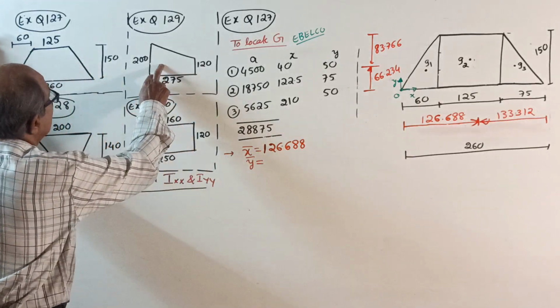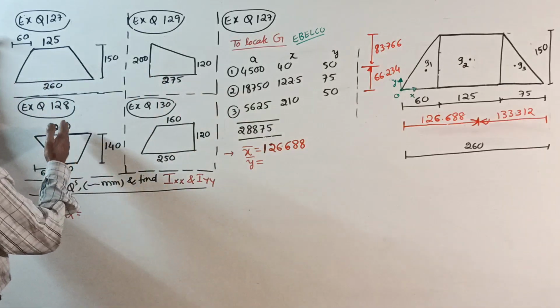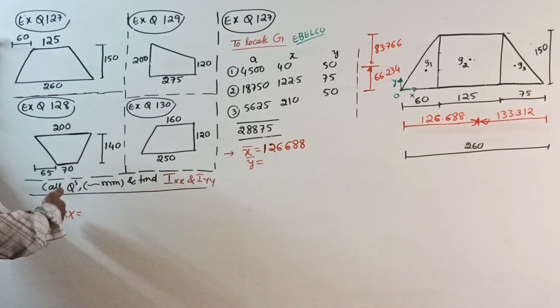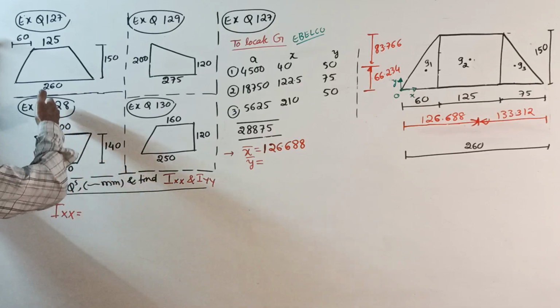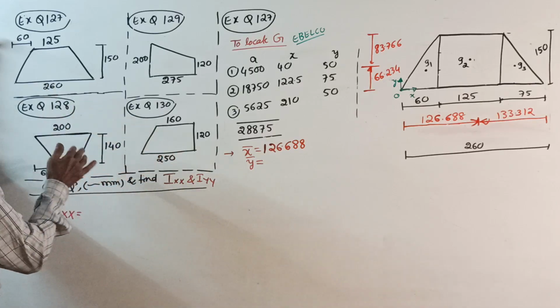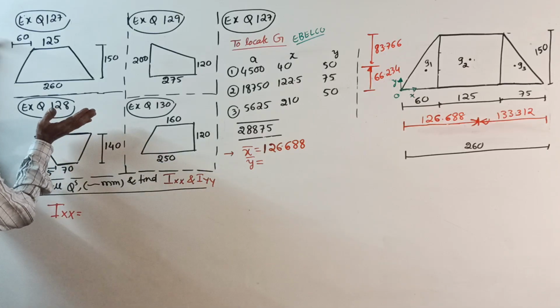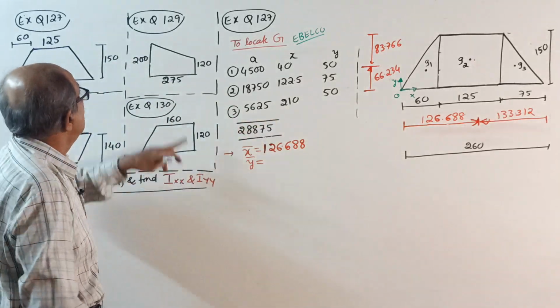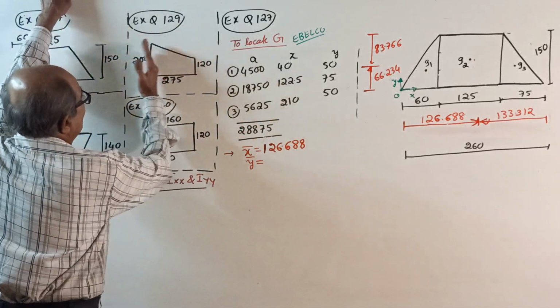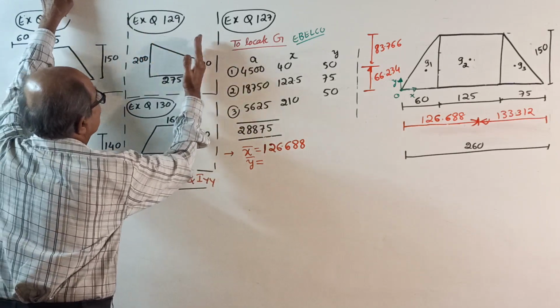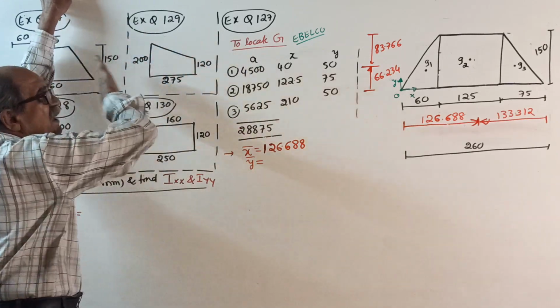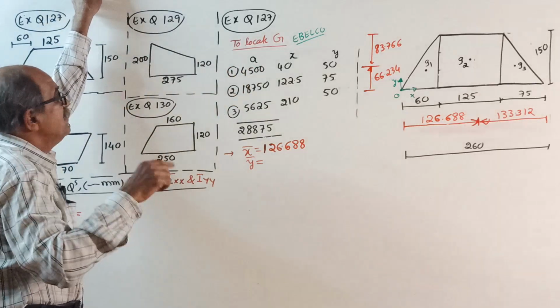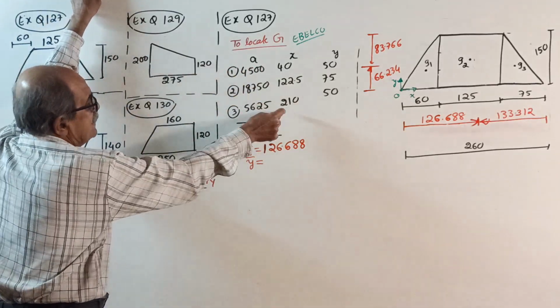See, in this question, y is the symmetry axis. So x bar is not required; y bar you can calculate directly. So in this question the table is actually not required. In this question, these are the parallel sides, so x bar you can get directly by the trapezium formula, but y bar you have to get like this.